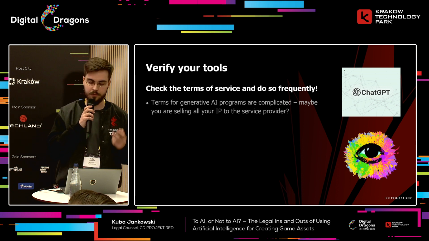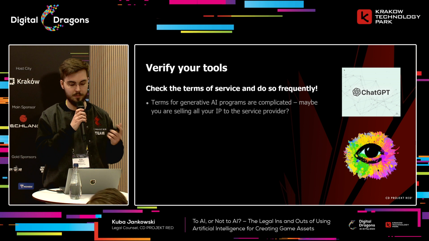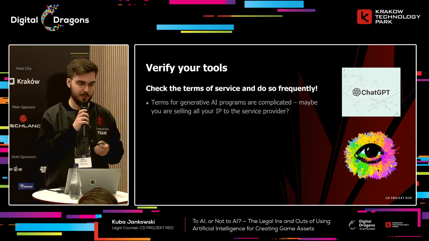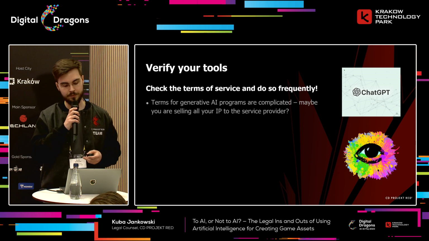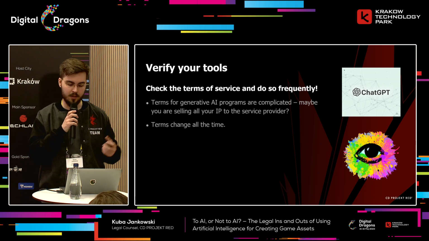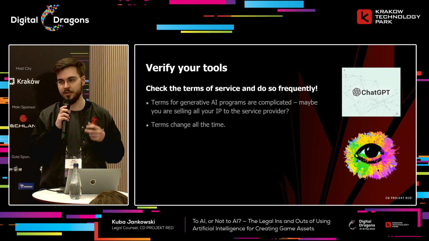Why is that? Well, in general, terms for software are pretty complicated, but terms for generative AI programs are super complicated. And maybe you are selling your own IP to the provider of that AI tool. So, of course, you want to check that. And another thing is, this is all pretty new, and the terms of service change every day.